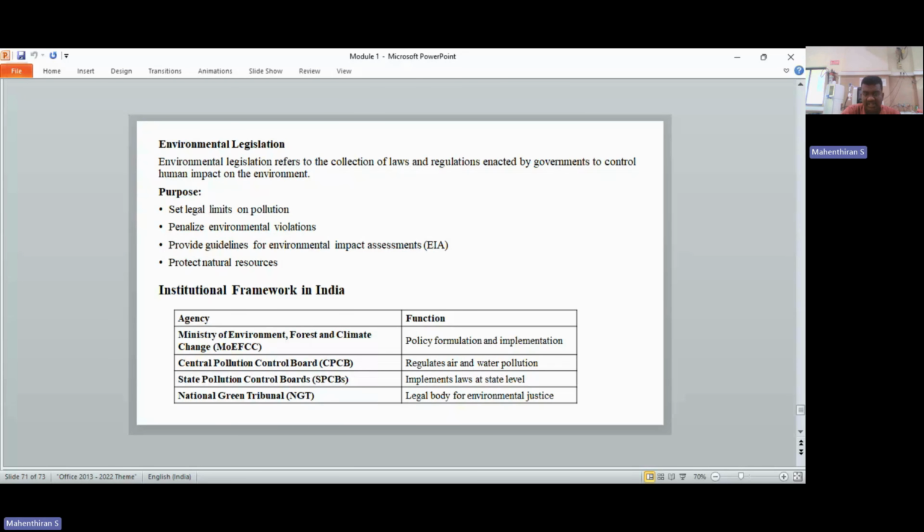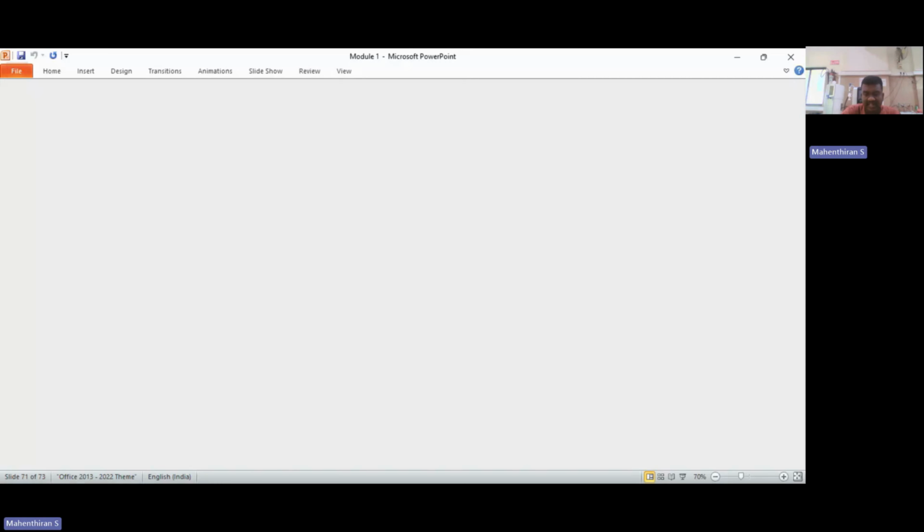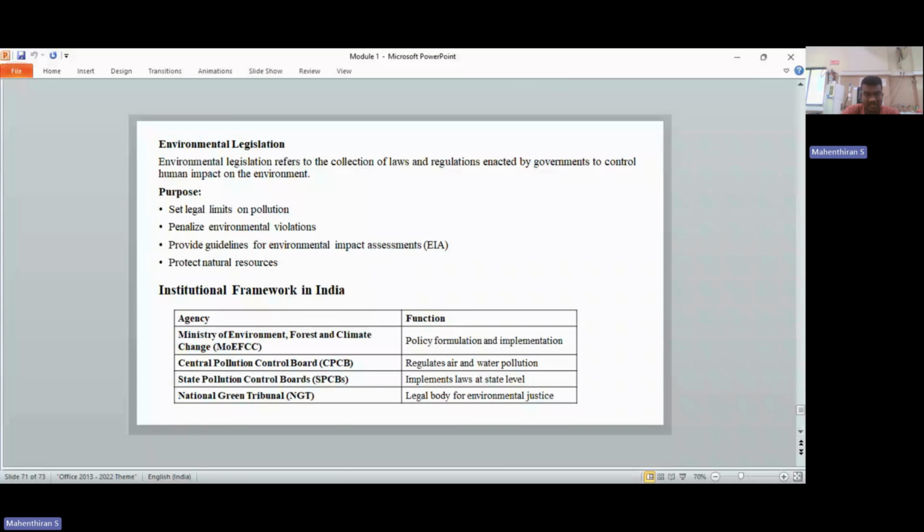The next, third one is the State Pollution Control Boards. The Central Pollution Control Board operates at the national level, while State Pollution Control Boards work at the state level. There is one State Pollution Control Board in each state, for example, the Tamil Nadu Pollution Control Board and the Maharashtra Pollution Control Board.